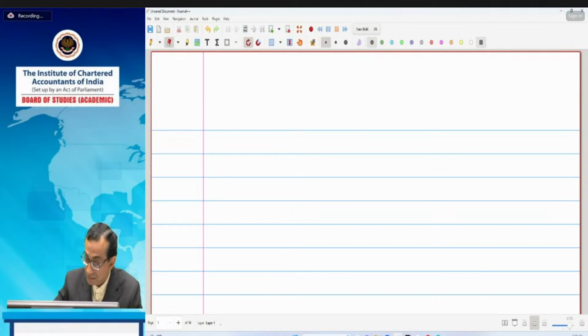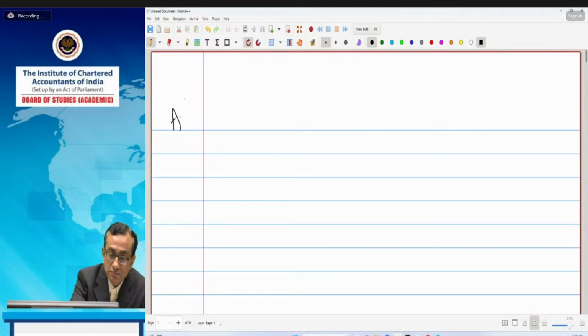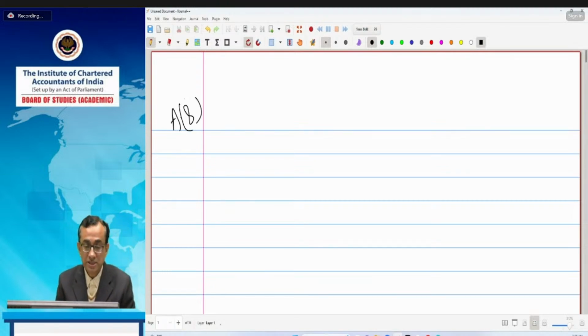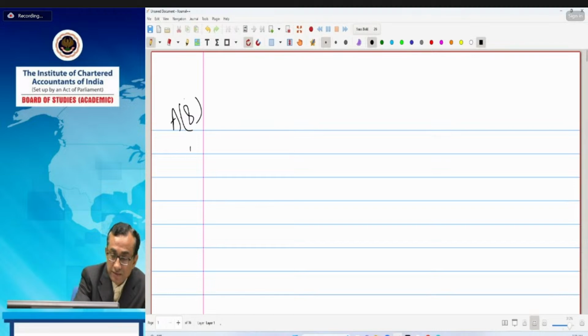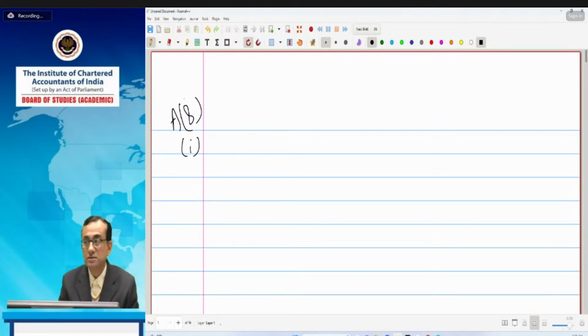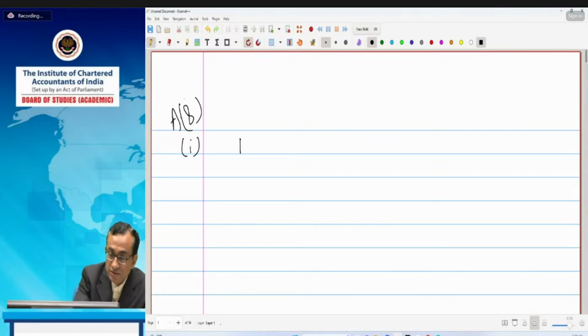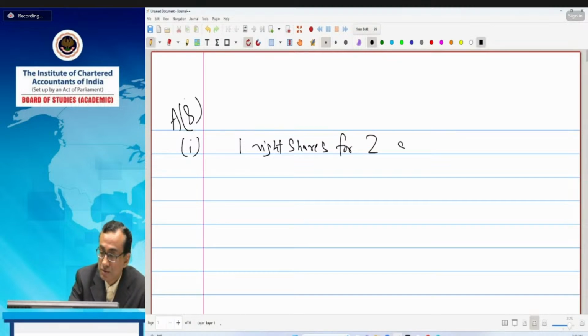This is the answer to question number 8 of the assignment. We will take the first point, that is, the company is issuing one right share for two shares held. So this is one right share for two equity shares held.